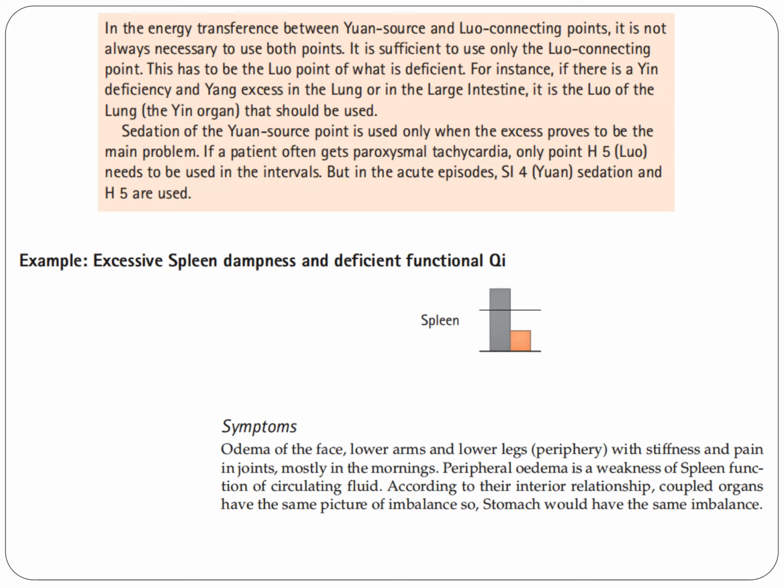Symptoms: because of the increased yin, there is edema of the face, lower arms, and lower legs at the periphery, with stiffness and pain in the joints, mostly in the mornings. Peripheral edema is a weakness of spleen function of circulating fluid. According to their interior relationship, coupled organs have the same picture of imbalance. So, stomach would have the same imbalance.